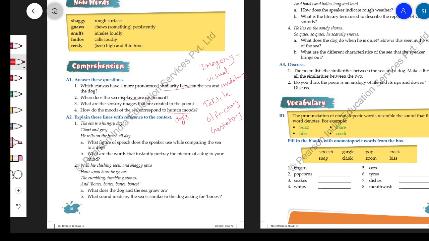तो इस तरीके से, the moods of the sea are also similar to the moods of a dog. And at the same time, if we persist with this question, how do the moods of the sea correspond to human moods, you can also say that we humans also have these moods of hunger and the resulting anger.